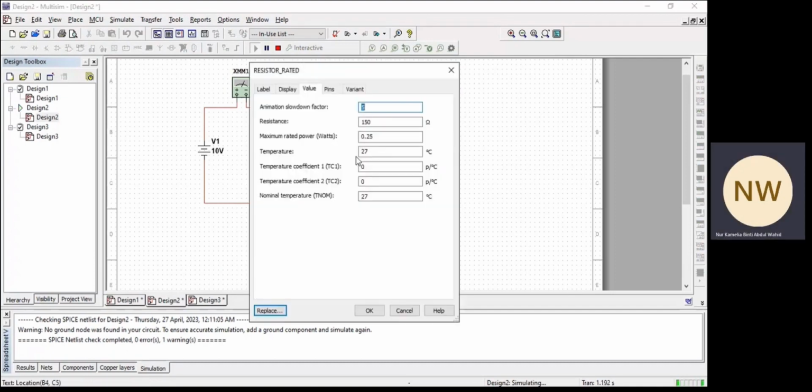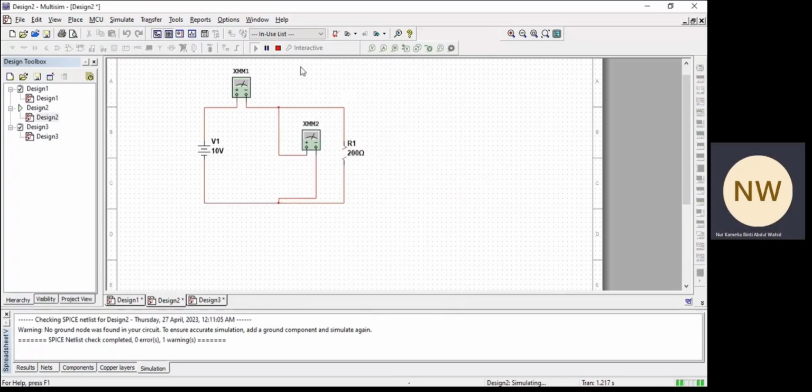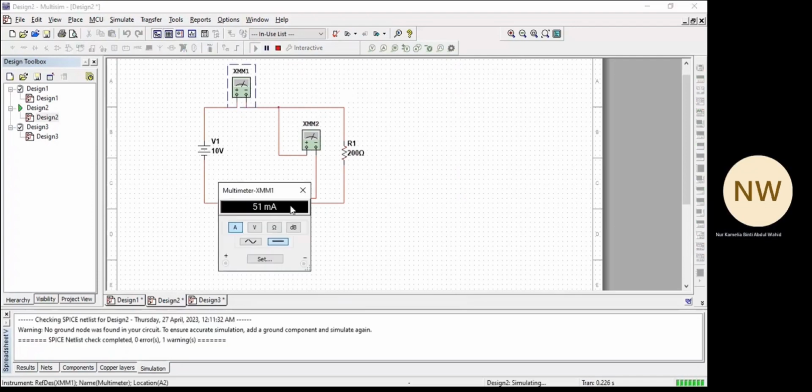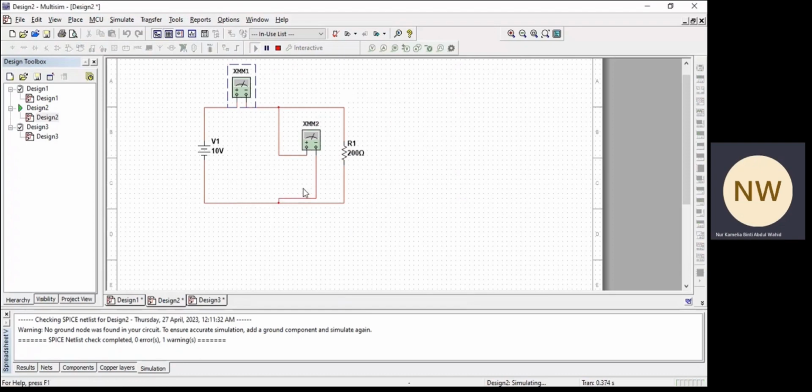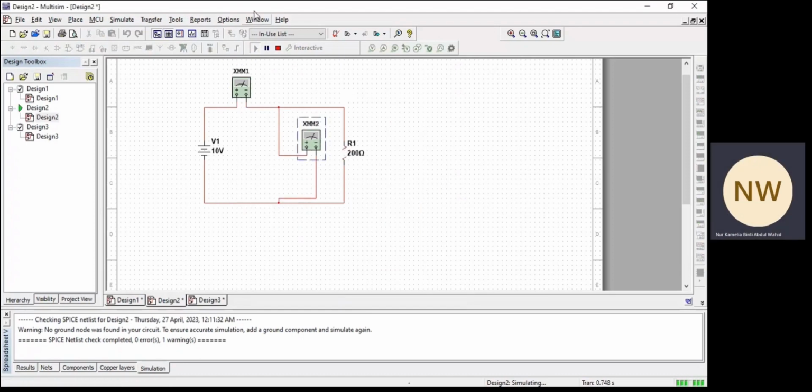Next, for 200 ohms of resistance, what we're gonna get is 51 milliampere, and still the same, 10 volt.